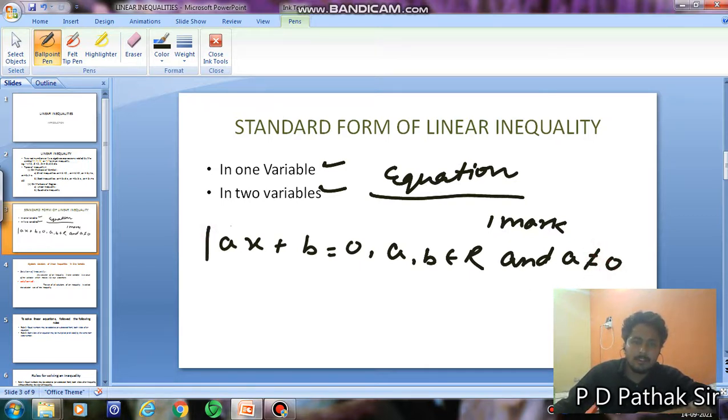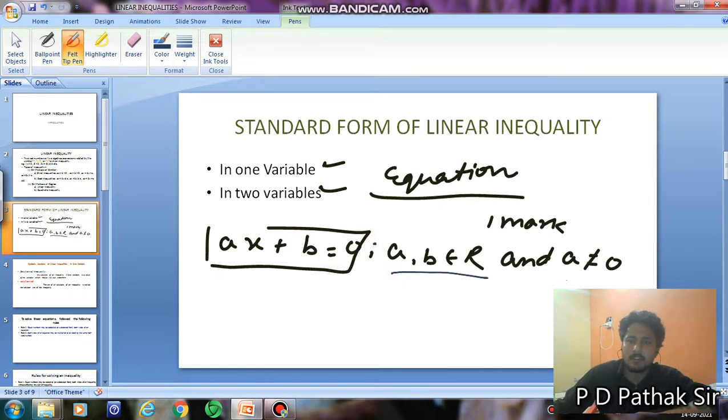If you write these three conditions, first condition, second condition, and third condition, you are able to get 1 mark out of 1 mark.